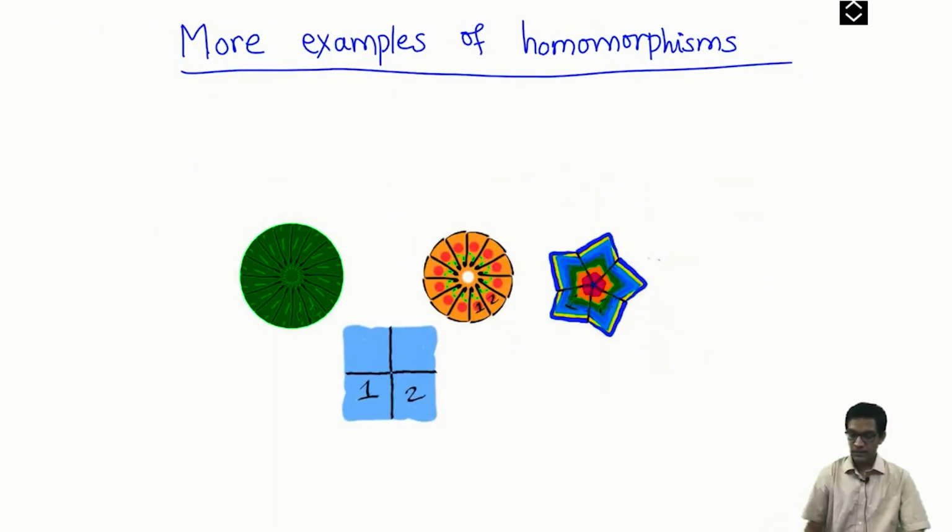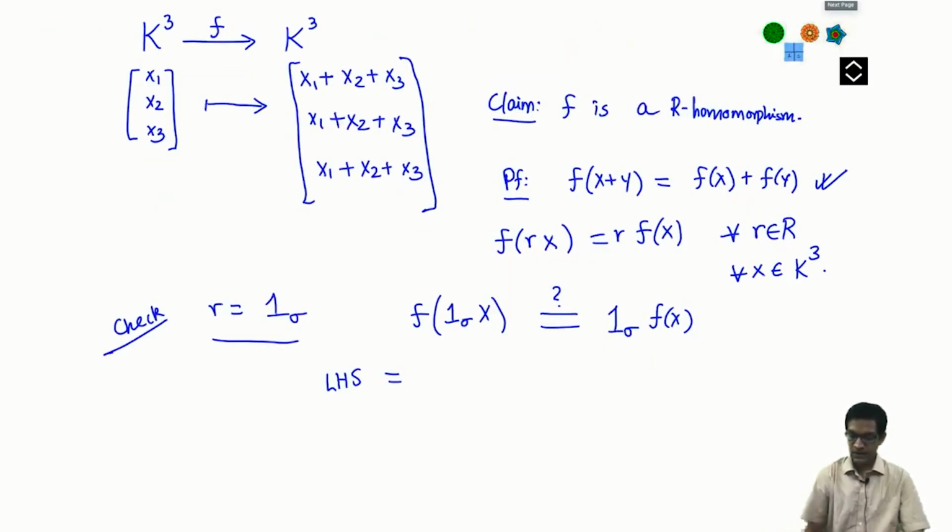But observe that when I apply f to that answer, what is f doing? F is just summing up the 3 coordinates and giving me the total. Now if I permute the 3 coordinates and then sum them up, that's the same as the sum I get without permuting the coordinates. It's the same answer anyway.